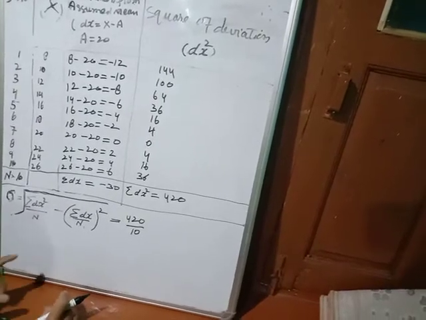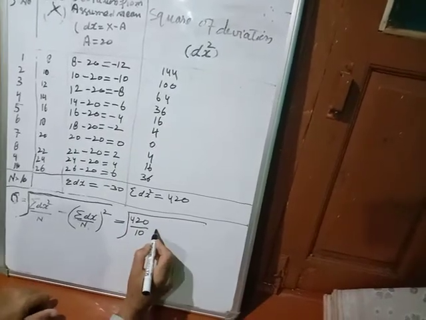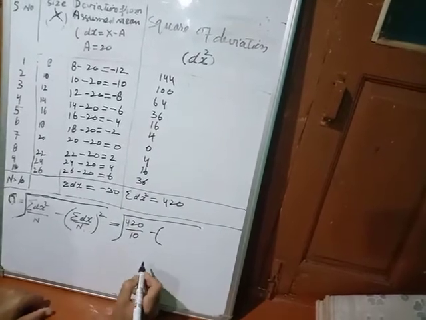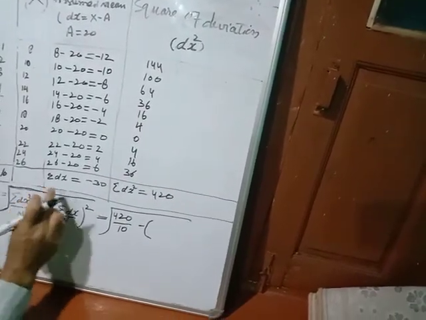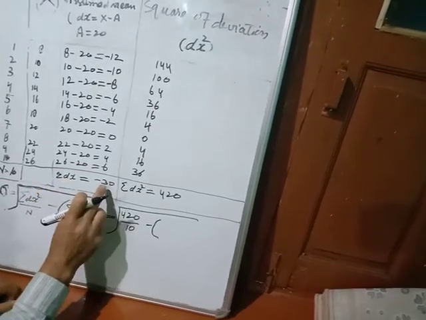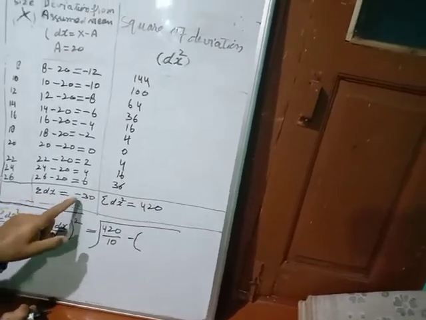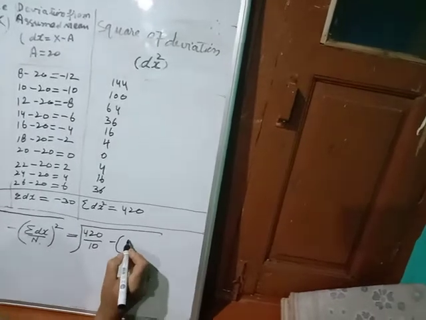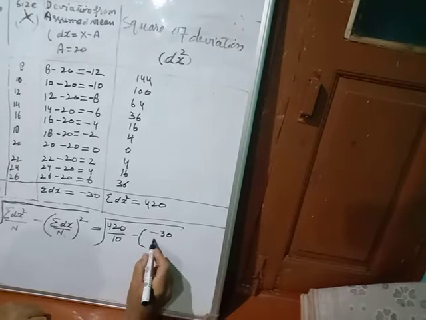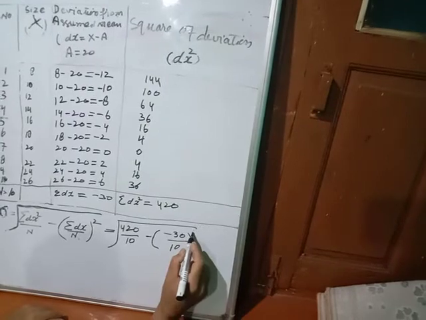So 420 divided by n, then minus, bracket begin, sigma dx by n. What is sigma dx? Here sigma dx is minus 30. So we write minus 30 divided by n, that is 10, bracket close, whole square.